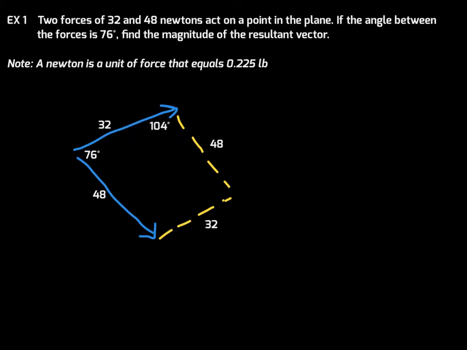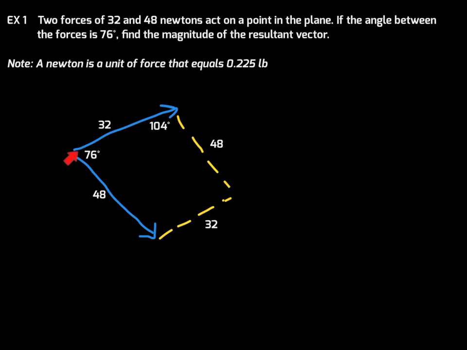So now the next part is super important. I want to draw the resultant, okay? The resultant will be the sum of the two vectors. Now, what's going to happen is the diagonal of this parallelogram with the same initial point of both vectors.